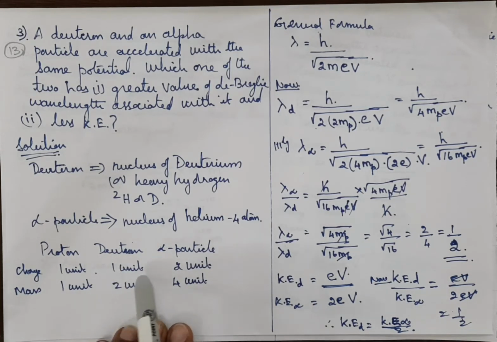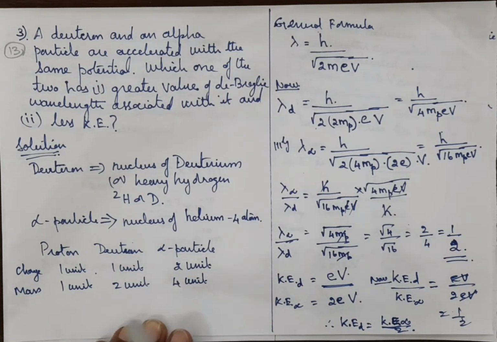And the charge of the alpha particle is 2 units, because the alpha particle can be thought to be made up of 2 protons.